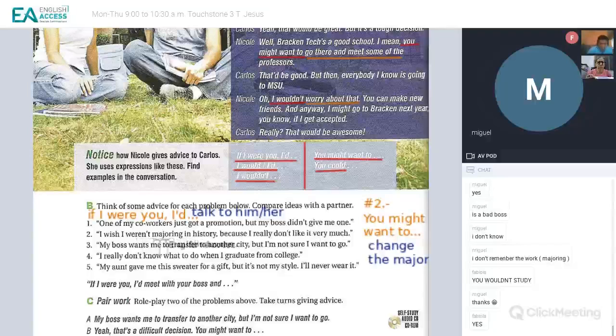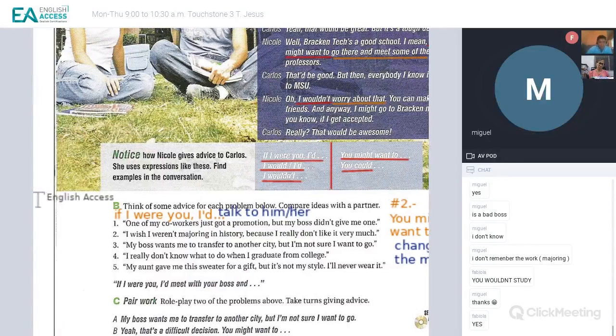Okay. Now let's do number 3. My boss wants me to transfer to another city, but I'm not sure I want to. Oh, that's a problem. So what can we say? We can use you could.